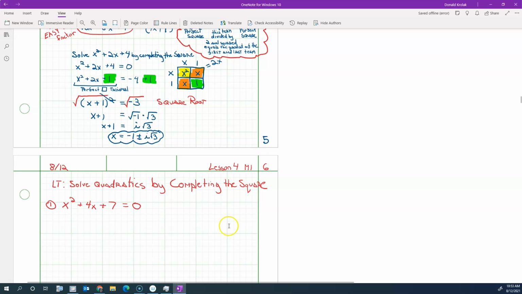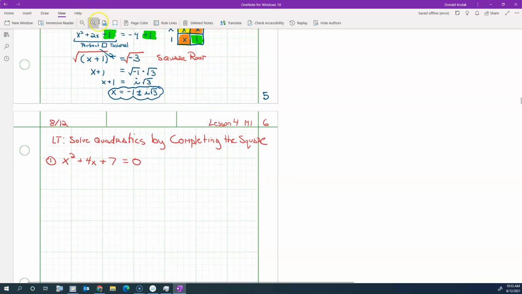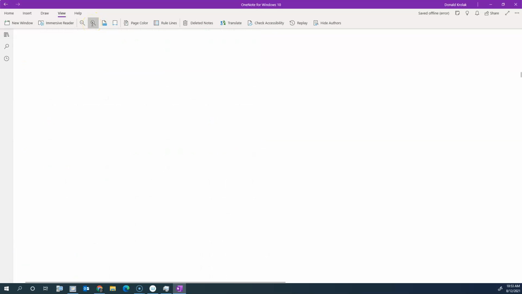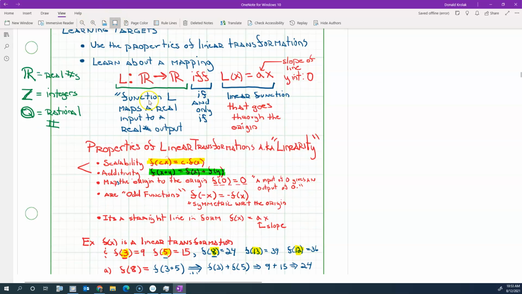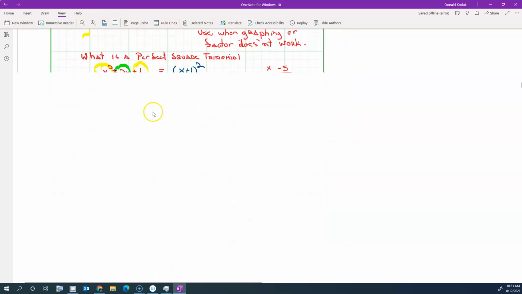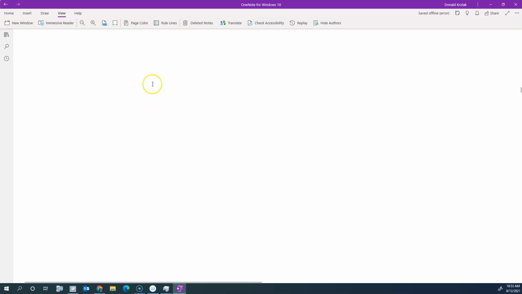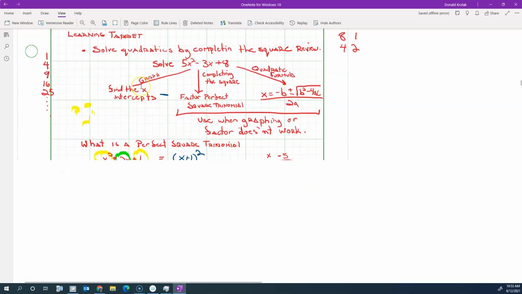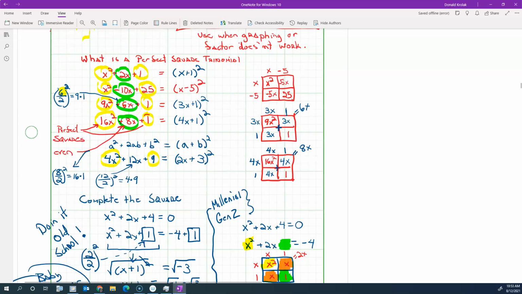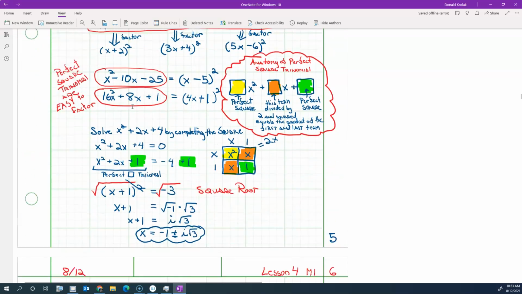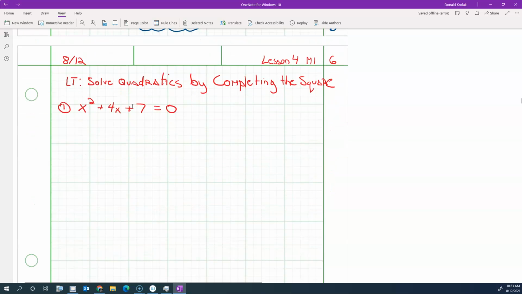Now, if we tried to graph that, or if we tried to factor it, we can't do either one of those.